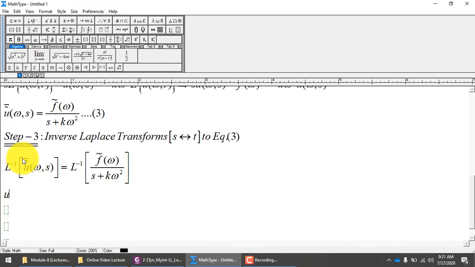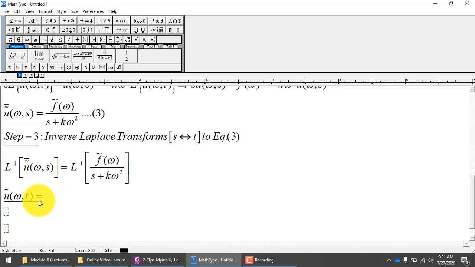So you will get u of omega comma t, because s will become t, and this will be u tilde.